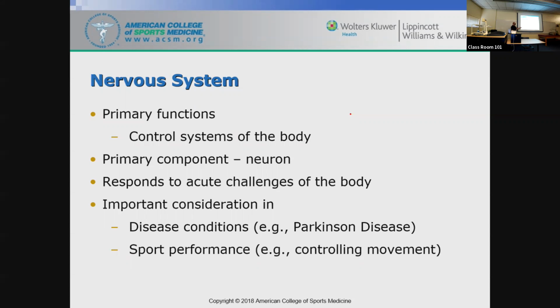So in sports performance, it's helping us to control our movement. This is where some long-term adaptation can occur, not just acute changes, but actual long-term adaptations. We can learn new behaviors, learn new actions. That's how we learn how to throw, and maybe throw accurately, throw baseball, softball, football, whatever it might be.